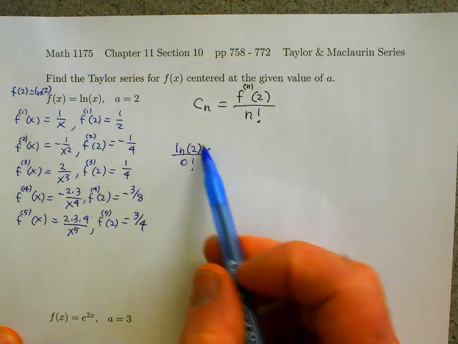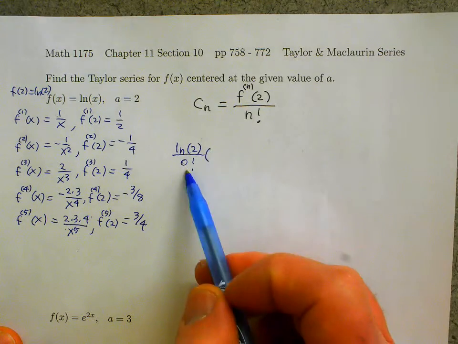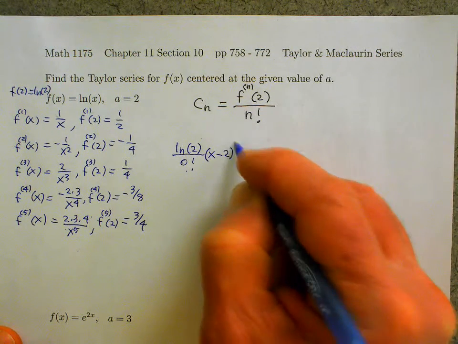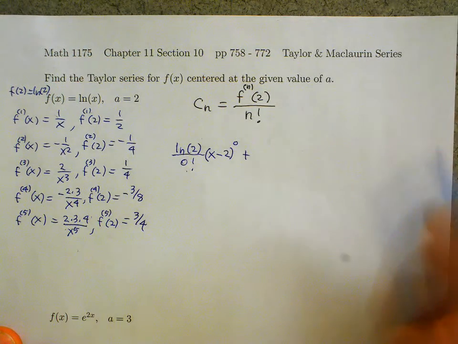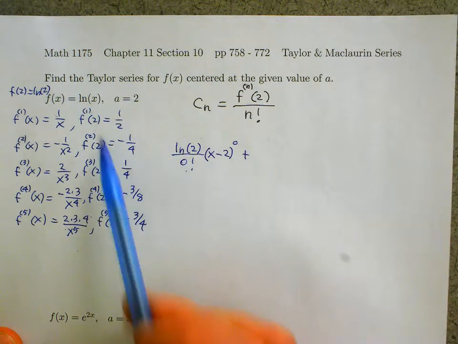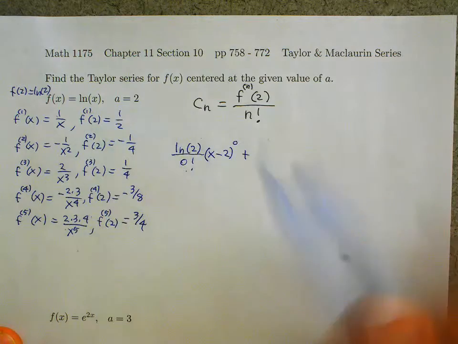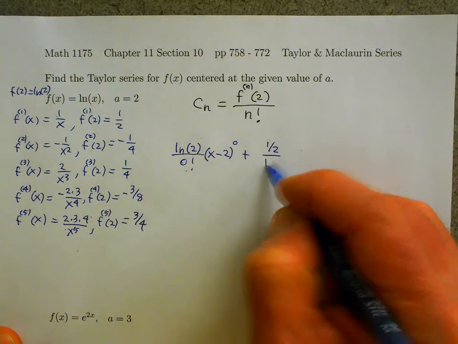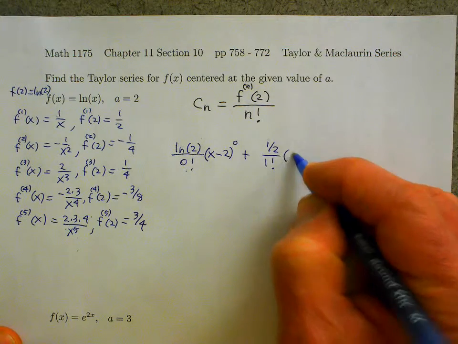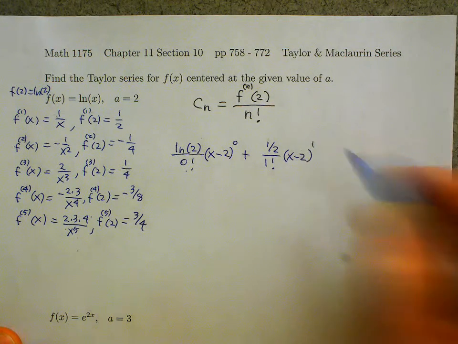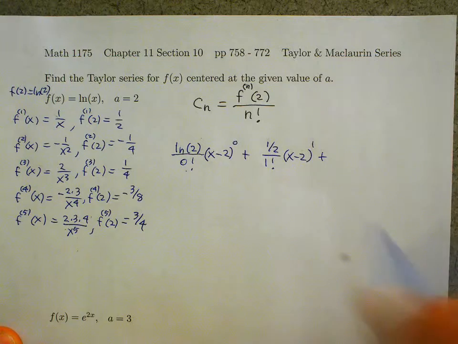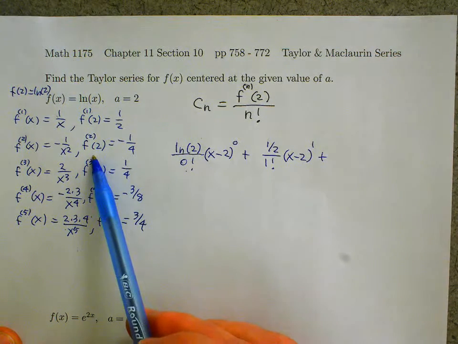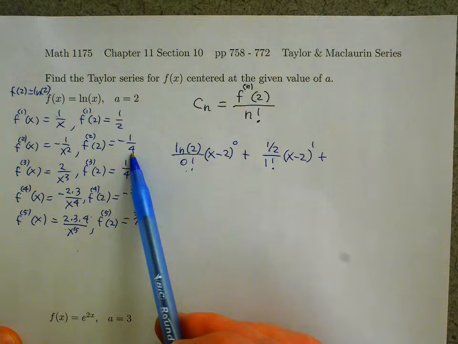The first term, natural log of 2 over 0 factorial times x minus 2 to the 0. And then plus the first derivative evaluated at 2, so 1/2 divided by 1 factorial times x minus 2 to the first. And then the next term, oops, well, we'll fix it later, I guess.